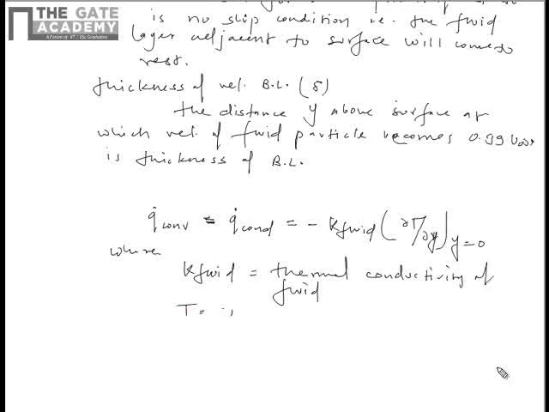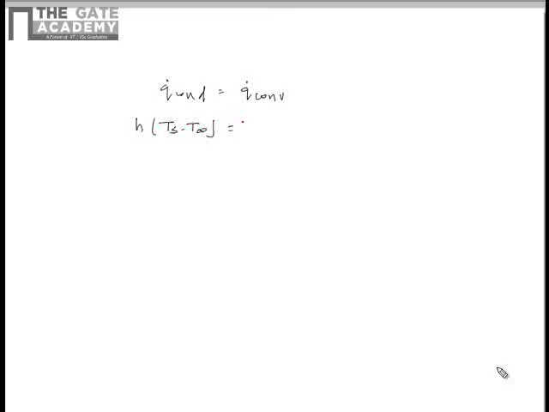T is the temperature distribution inside the liquid. Since at the interface q dot conduction is equal to q dot convection, we can write h (Ts minus T infinity) is equal to minus k del T upon del y at y equal to 0.